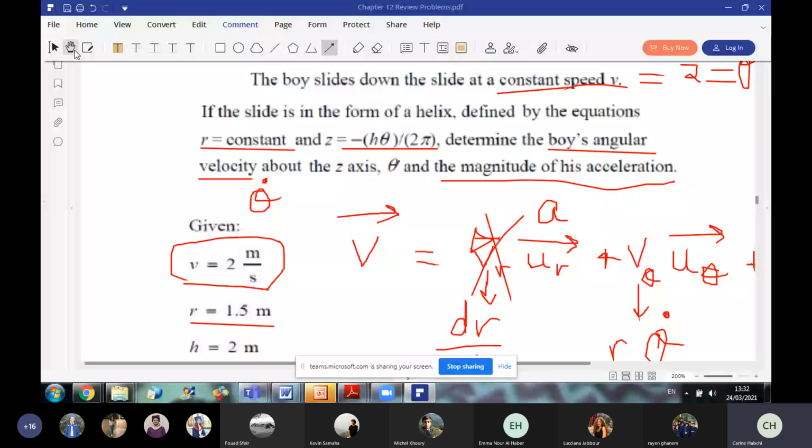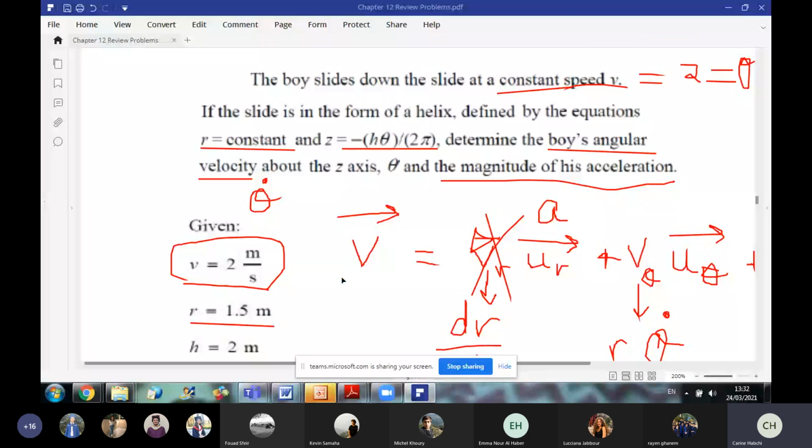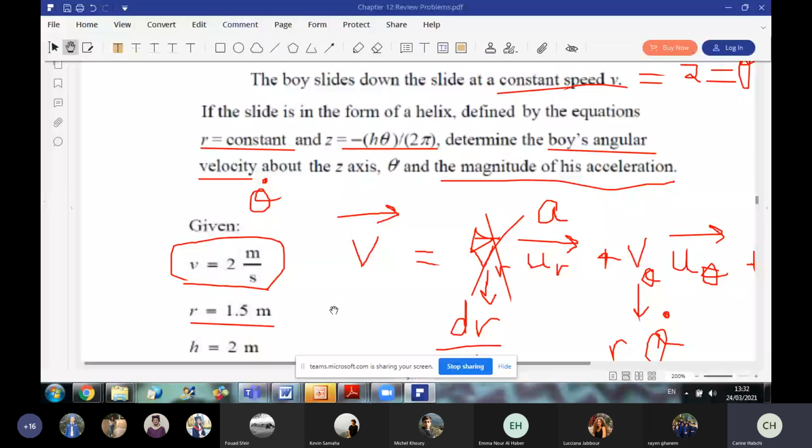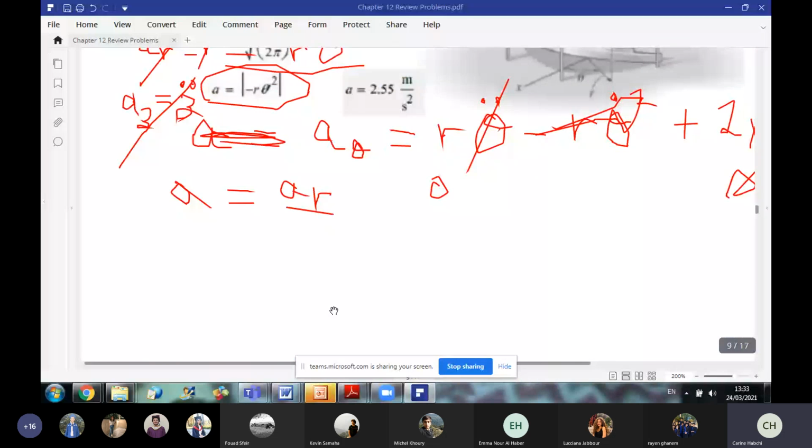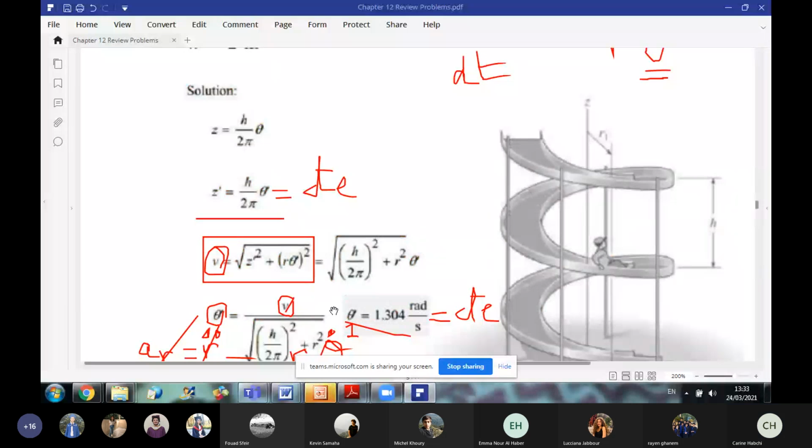Why is theta dot constant? Because they said that speed V is constant, and when we derived it together, theta dot was calculated as a function of V. So theta dot is a function of V, and since V is constant, theta dot will also be constant.